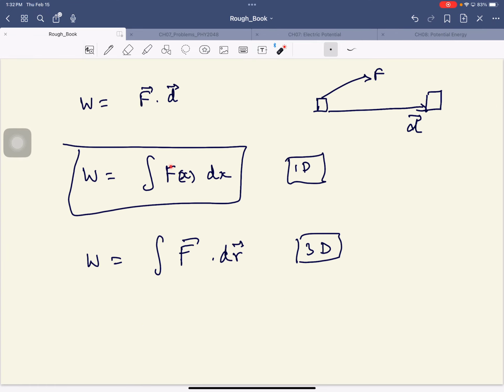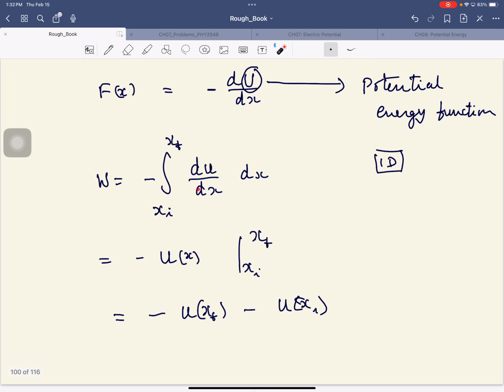For the forces that we are considering, this integral is very easy to do because the force happens to be this, and from the fundamental theorem of calculus, this guy just undoes the derivative. It's just the potential energy function evaluated at the endpoints. And that's the entire chapter.